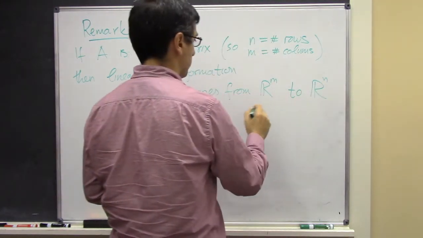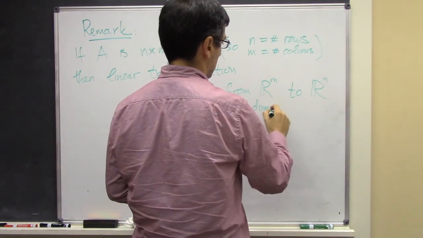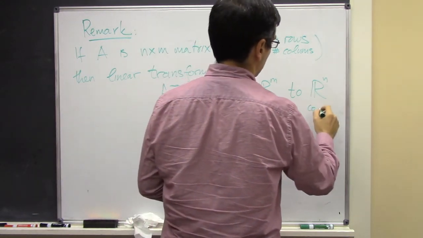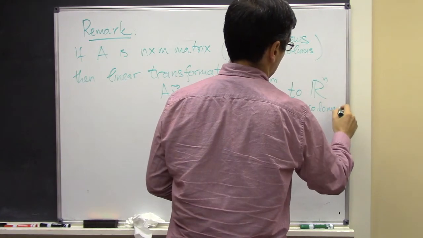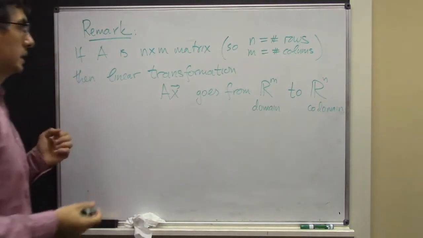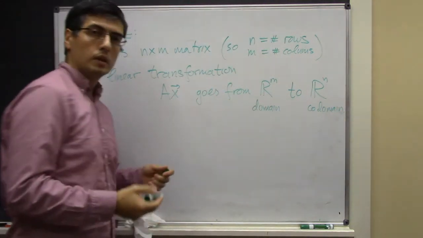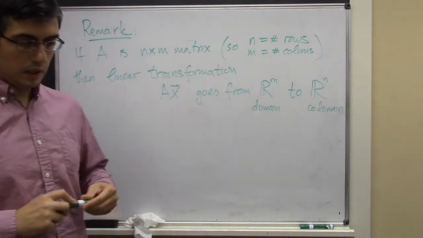So this is the domain, and this is the codomain. Remember that m and n already tell you what the domain and codomain are.